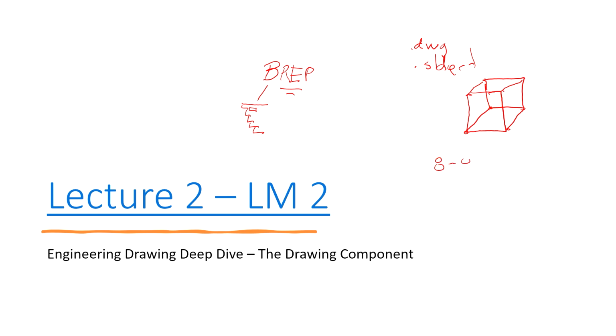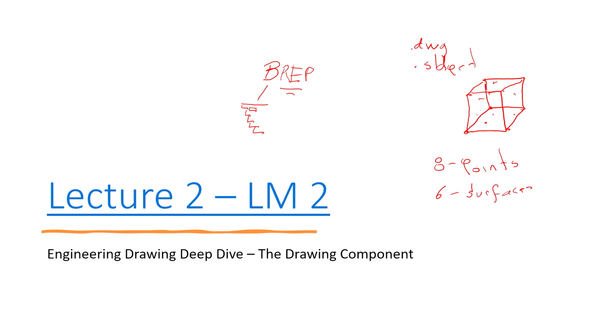So AutoCAD knows that you have 8 points, and more complicated surfaces, bodies or solids will have more points. Then AutoCAD, or SolidWorks, or the CAD knows that you have 6 surfaces. A cube has 6 surfaces.